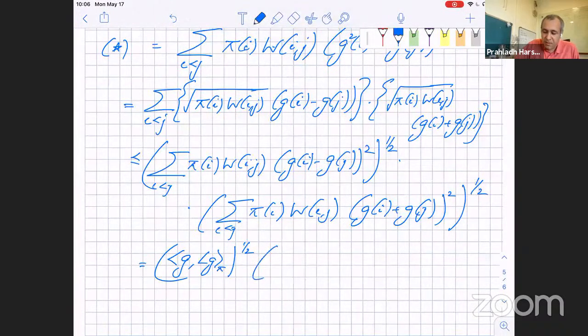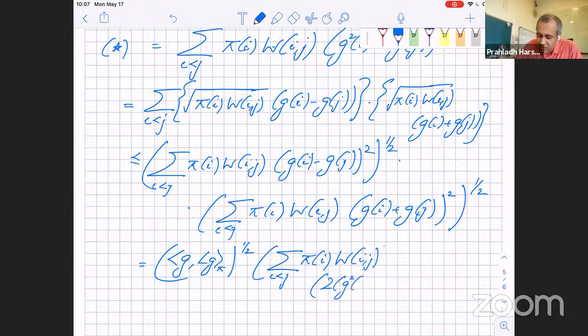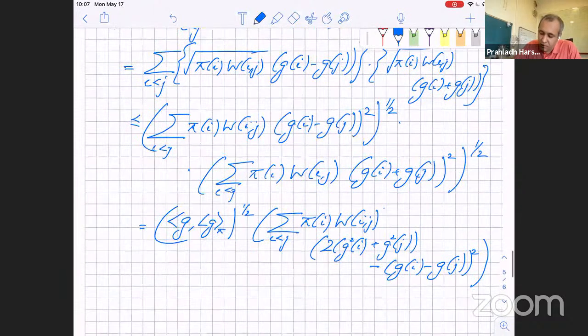What about the second term? It's not exactly what we want. This is not one of the terms we had written, but let's try to convert it to the Laplacian. So this is summation i less than j pi i wij. I can write it as 2 g square i plus g square j minus gi minus gj whole square, and then the whole of this to the power half.